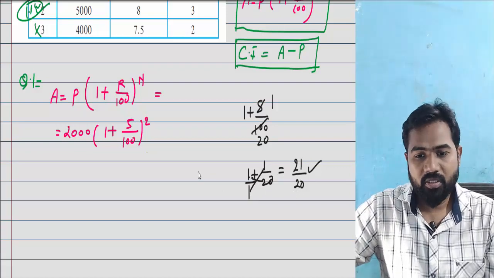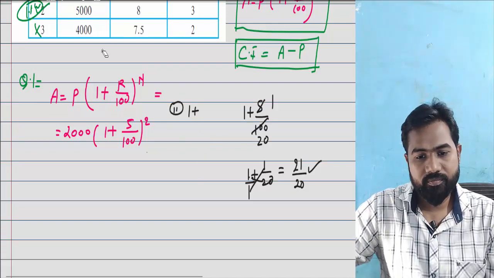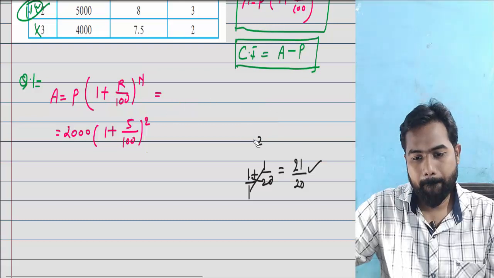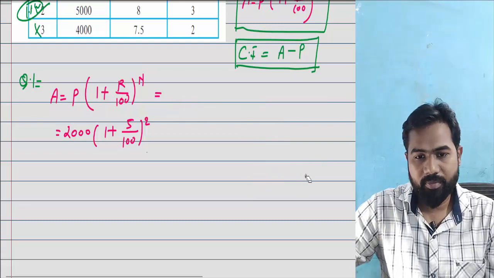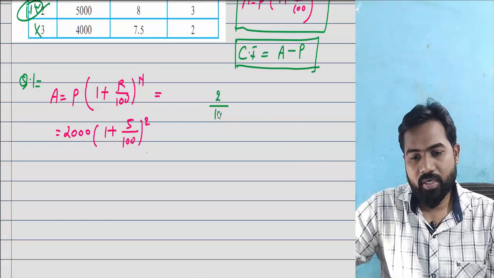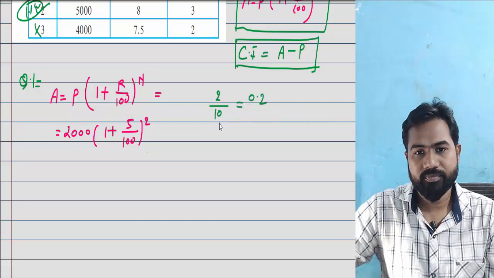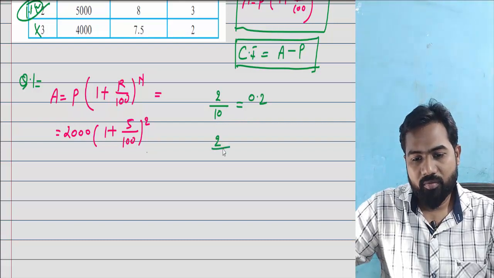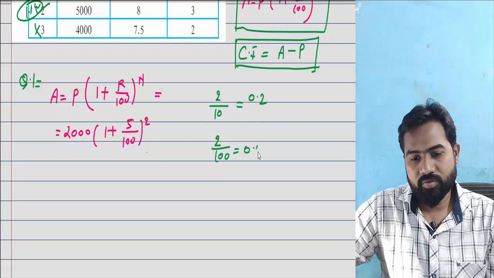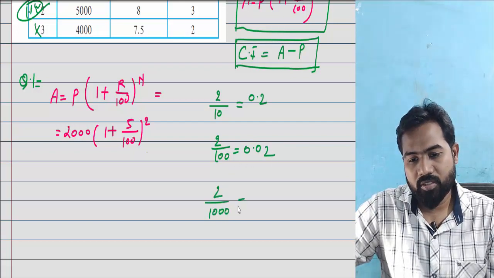And one more thing students, there is a second method, let me tell you one important part. Suppose any number, 2 divided by 10, what should I write? 0.2. Is that clear? 2 divided by 100, what is that? 0.02. 2 divided by 1000, what will that be? 0.002.